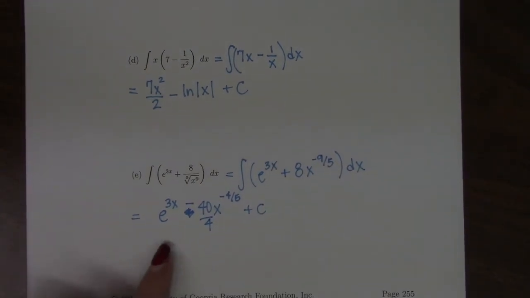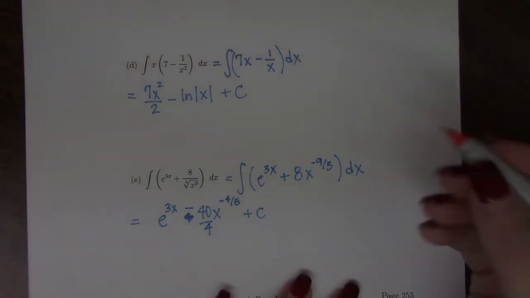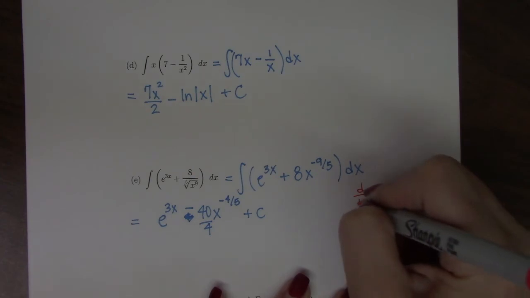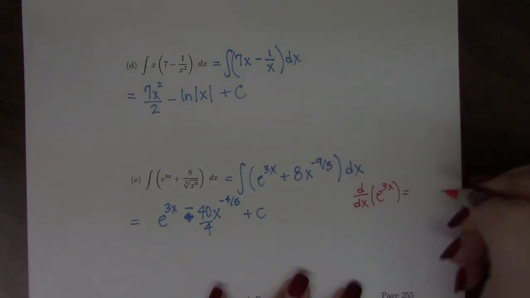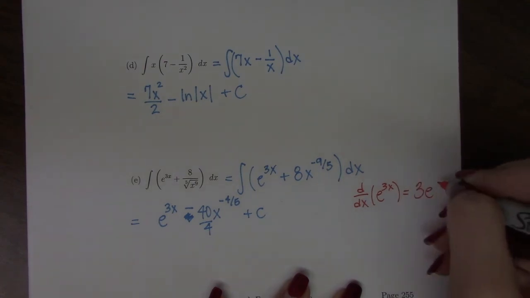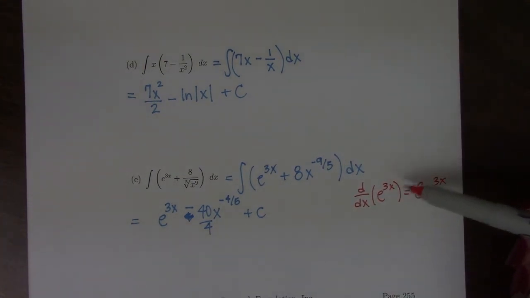So if I take the derivative of e to the 3x, what I actually get is 3e to the 3x, because there's a chain rule involved here.